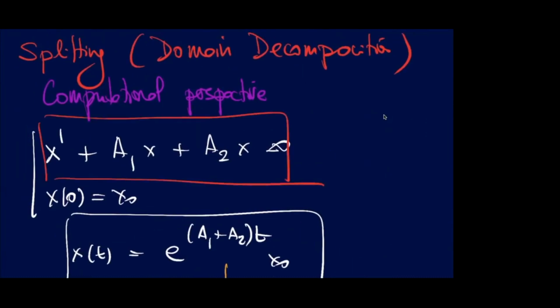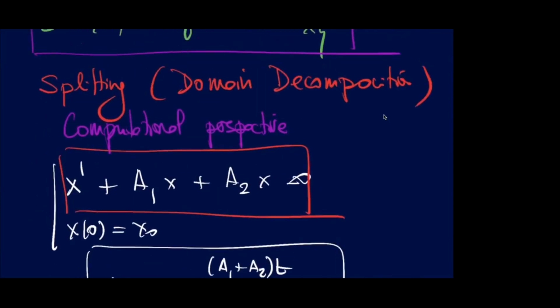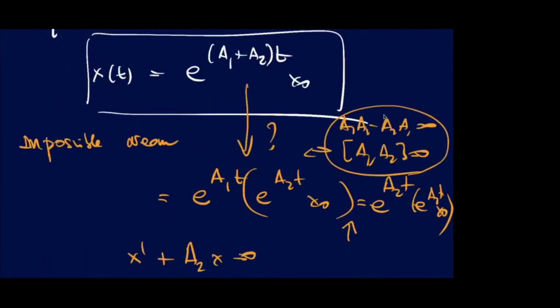This dynamics is richer than the dynamics generated by A1 and then A2. There is an interplay that leads to different phenomena. This is something, as I mentioned before, that was observed in domain decomposition.